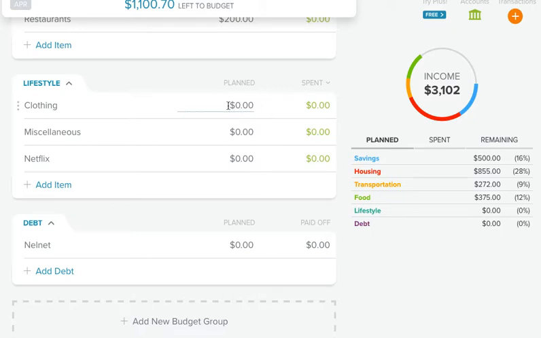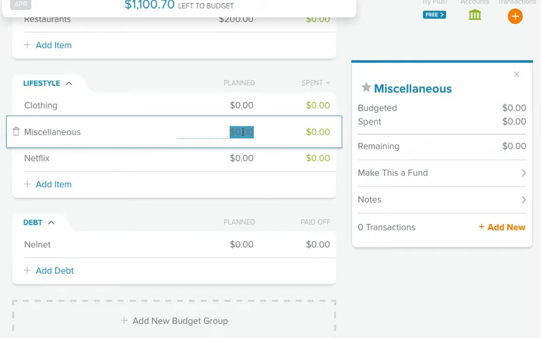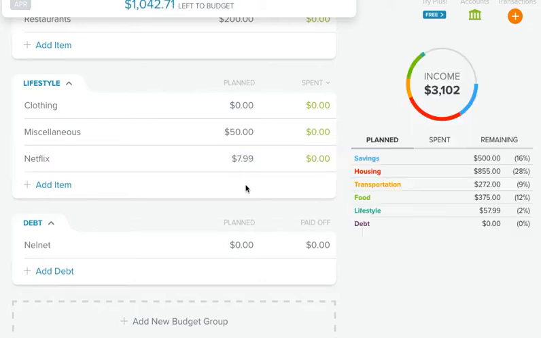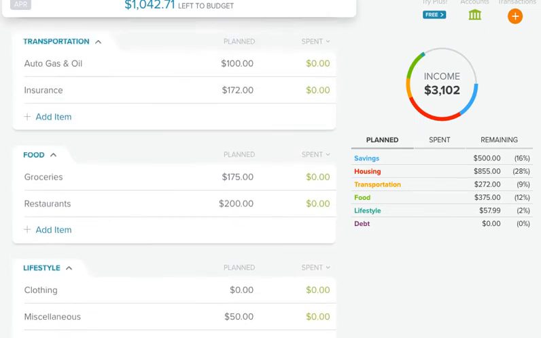Clothing, I am not going to give myself anything this month since I don't anticipate any spending, but miscellaneous, I always try to keep like $50 for anything that comes up unexpected. Netflix is $7.99. And this one, I'll keep it blank because everything else that I'm not going to plan for is going to go to my debt.